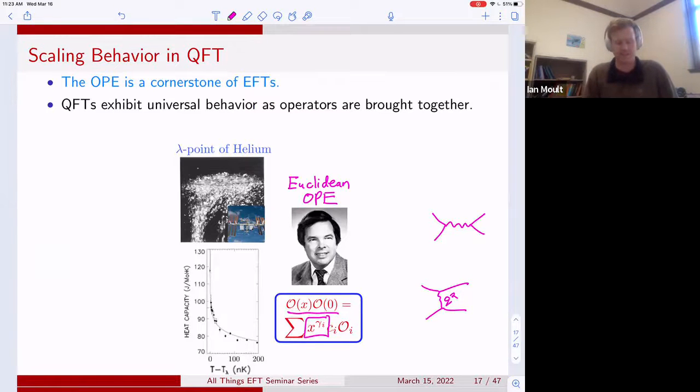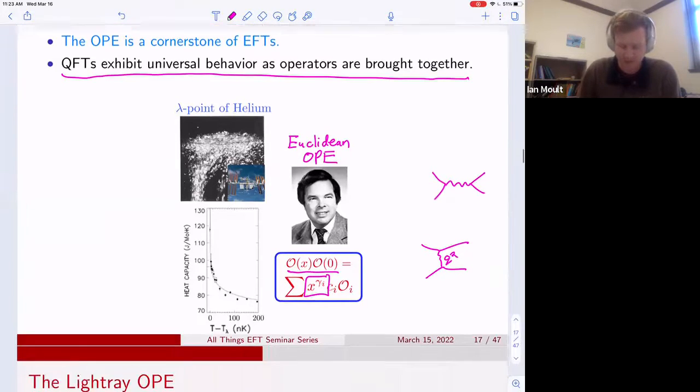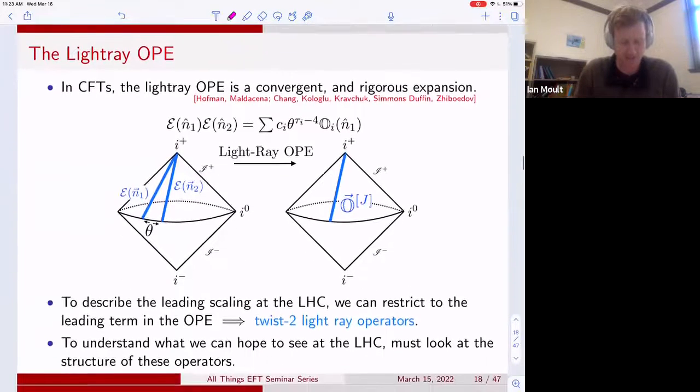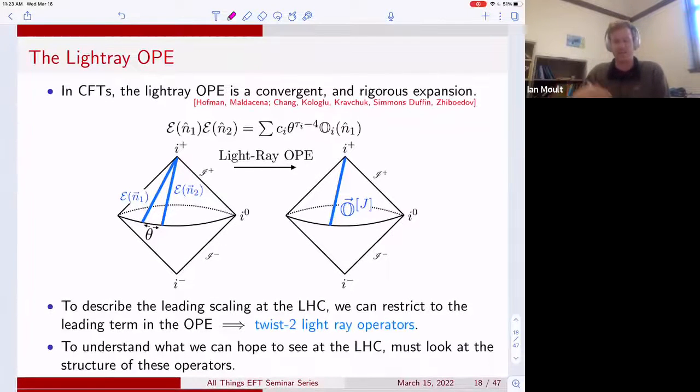So it shows that QFTs, even depending on all the other messy details, typically exhibit universal behavior as these operators are brought together. And what this light ray operator product expansion does is to allow one to talk about these detector cells in exactly the same way.